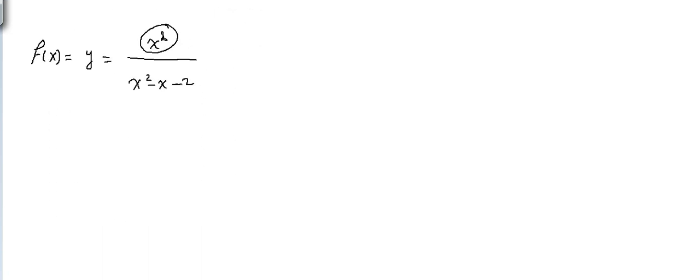Let's do this activity. It's find all asymptotes of the function. This function, y equal x squared over x squared minus x minus 2. Okay, first, before finding the asymptotes, we know that if the highest exponent up equals the highest exponent down, the coefficient of the highest term in the numerator over the coefficient of the highest term in the denominator, which is 1 over 1, will be the horizontal asymptote.